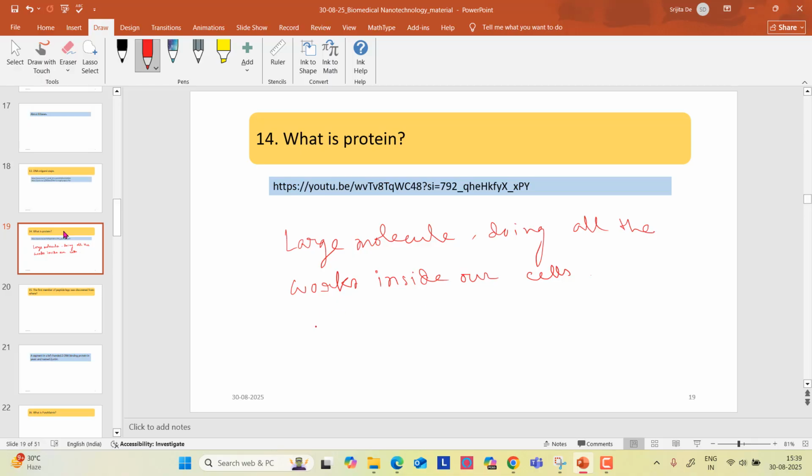And they consist of smaller units called amino acids. More than 200 amino acids should be there to form a protein.